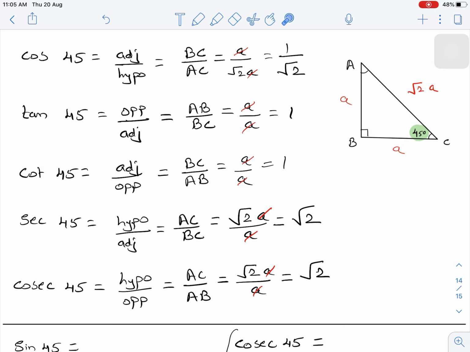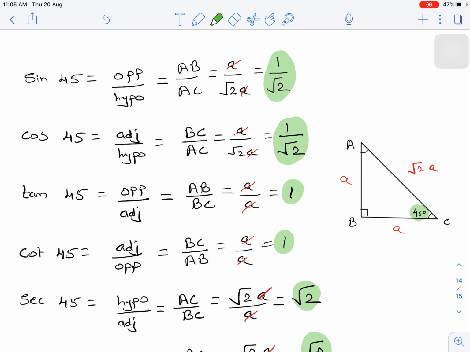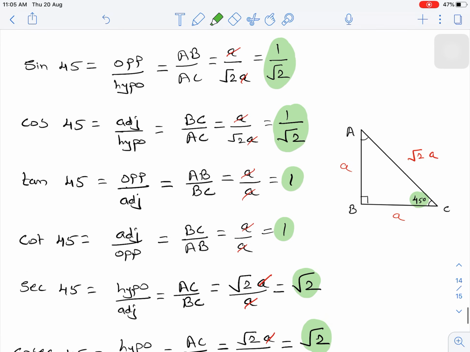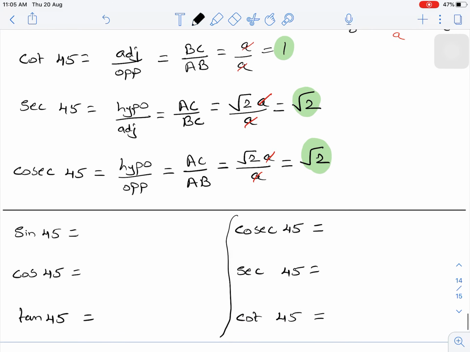Okay, so here what we have done, now we are having all the 6 trigonometric ratios. These all are 6 trigonometric ratios for which angle? For angle 45 degree. Okay, so now let us write it properly. I'm just highlighting these values which we got here. So now we can directly say that sine of 45, its value is how much? 1 upon root 2.